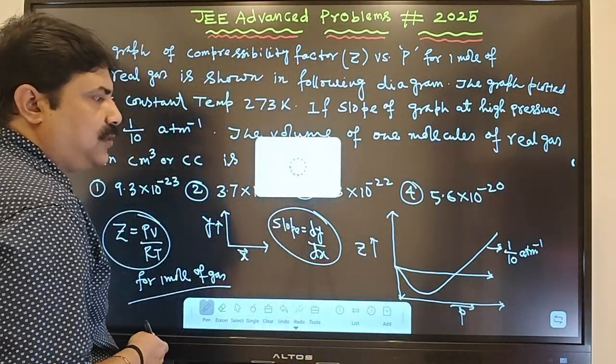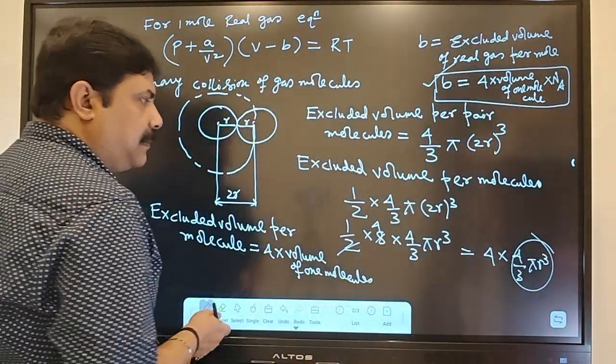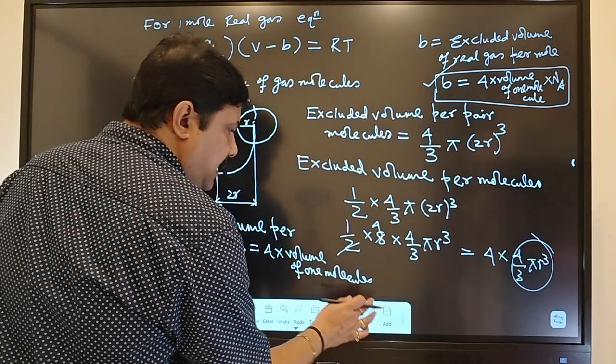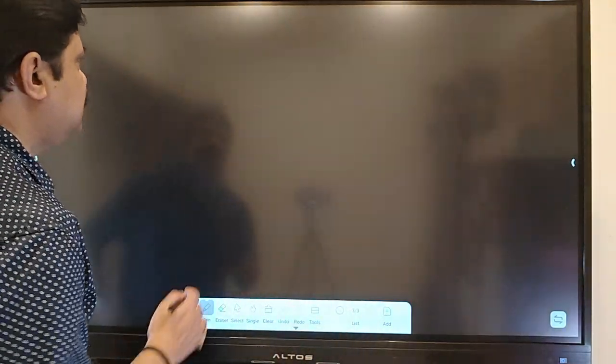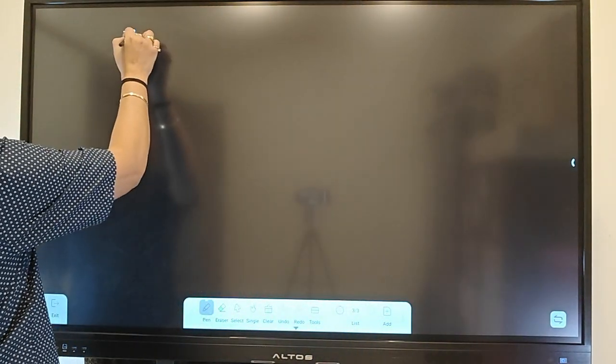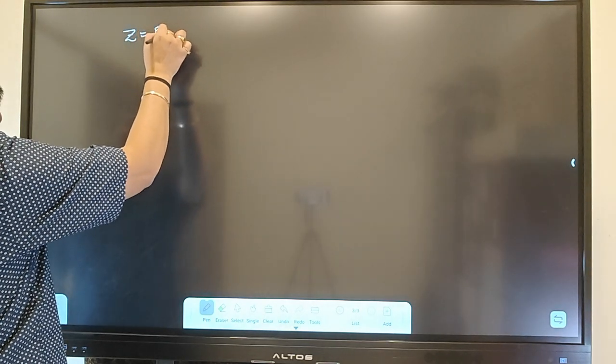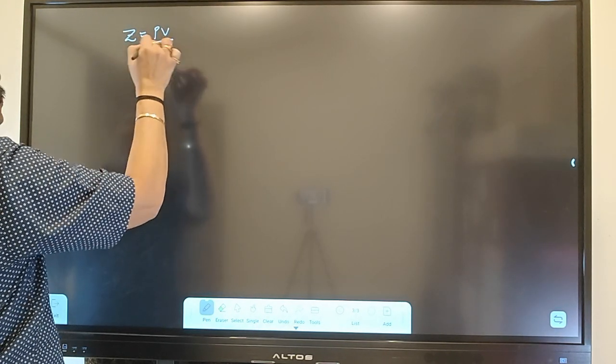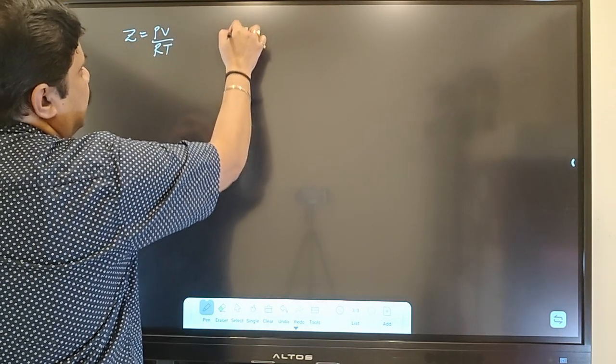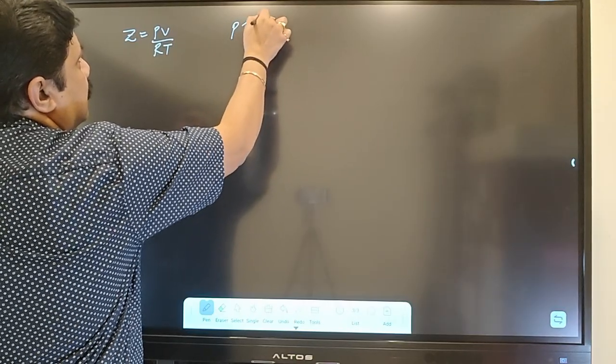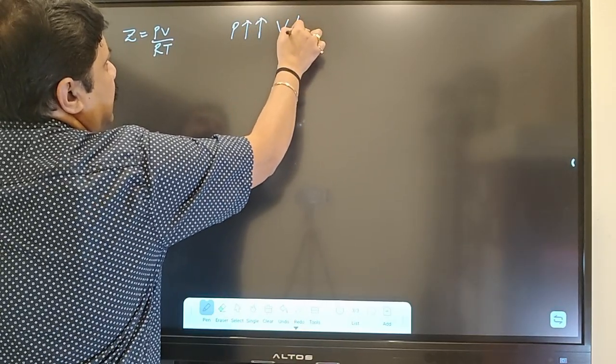Then how Z will increase when the pressure is extremely high, we will come to the problem discussion. Z equals, we know very well, PV by RT. Now you understood this funda. Whenever pressure is very, very high, volume will be what? Very, very low.